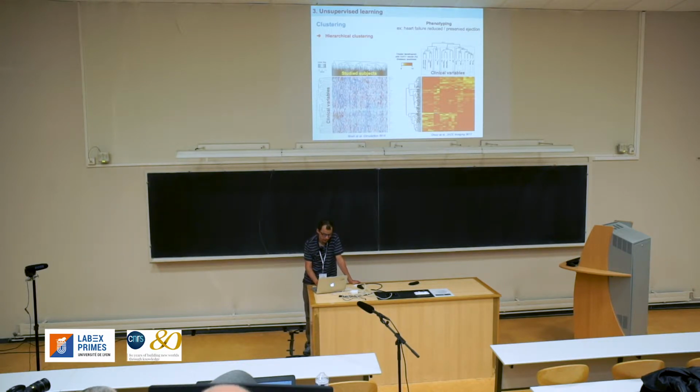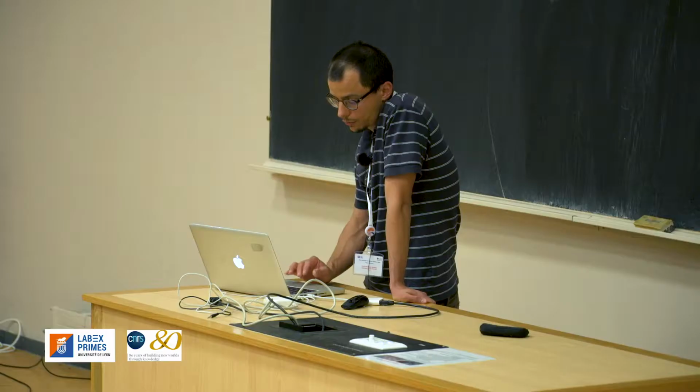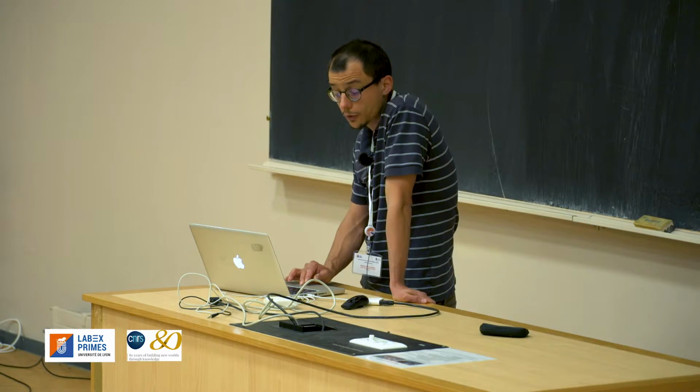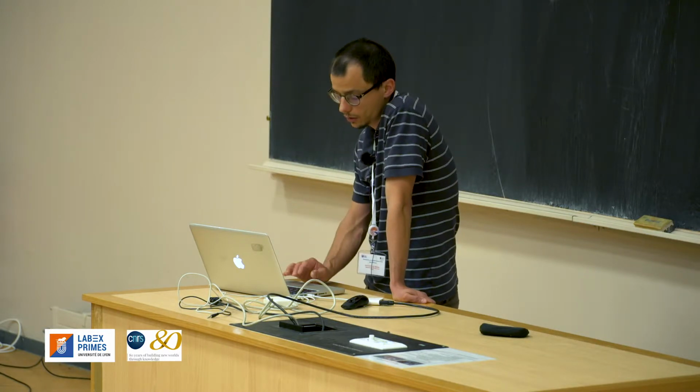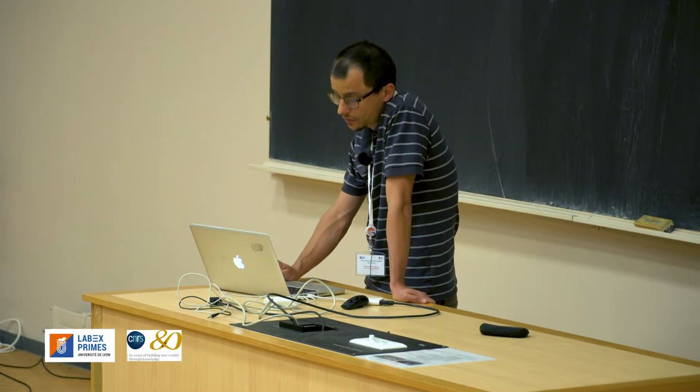So here, these maps just express subgroups of variables and people that behave similarly. You may see that here there's a kind of red spot that may mean something for the potential application, a kind of blue spot that may mean another thing, etc. So this is much more for knowledge discovery.